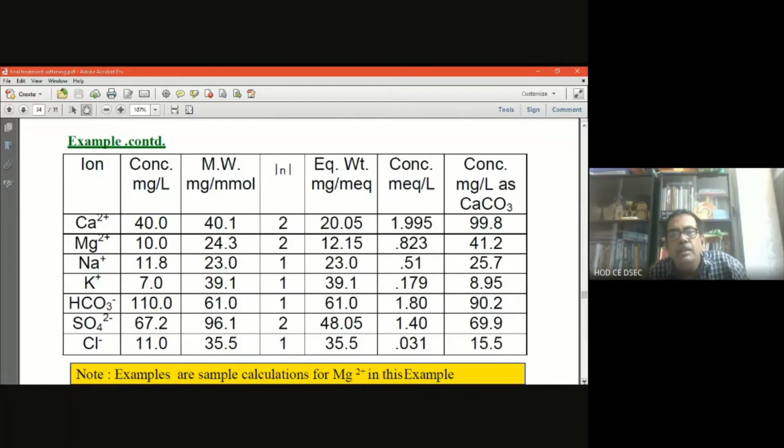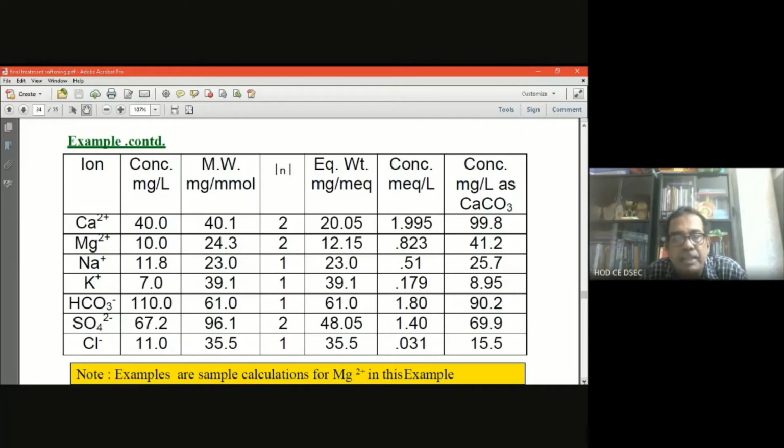Now the concept of milliequivalent, I am telling you: if we divide the concentration by the equivalent weight, then we will get the concentration in milliequivalent per liter. Suppose calcium concentration is 40 and the equivalent weight is 20.05 milligram per milliequivalent. If we divide concentration by equivalent weight, that is 40 divided by 20.05, you will get 1.995 milliequivalent per liter.